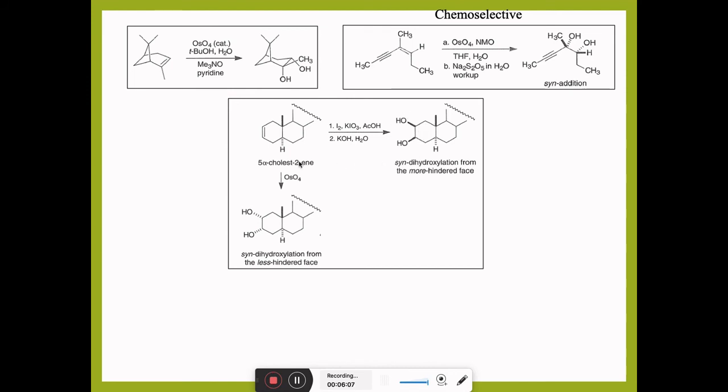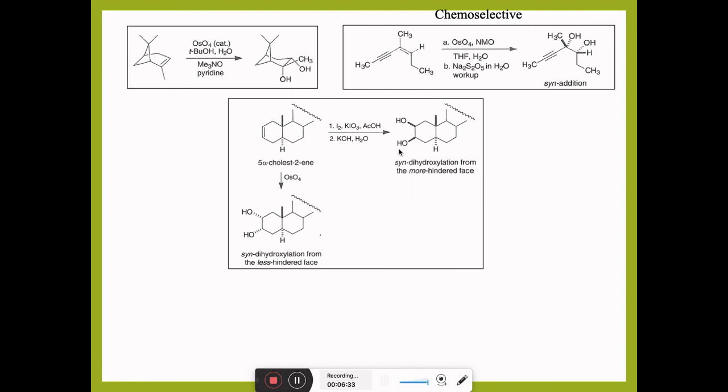We have seen it earlier. And the other reaction condition on the same olefin is OsO4, which will again give you syn addition, formation of diol.